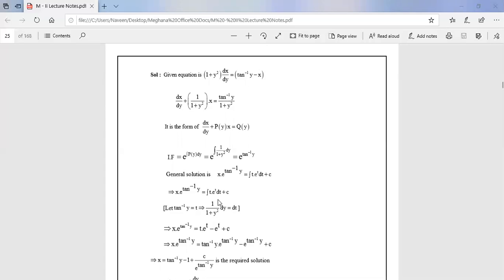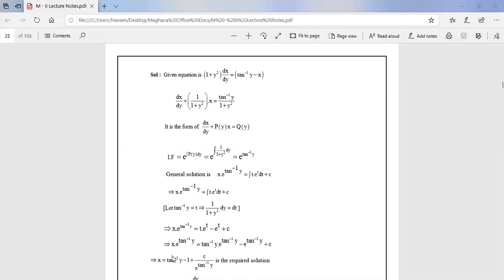Now integrate, following the integral u dv rule. Integral t into e power t dt is t into e power t minus, since the differentiation of t is 1 and the integration of e power t is e power t, e power t, plus c.